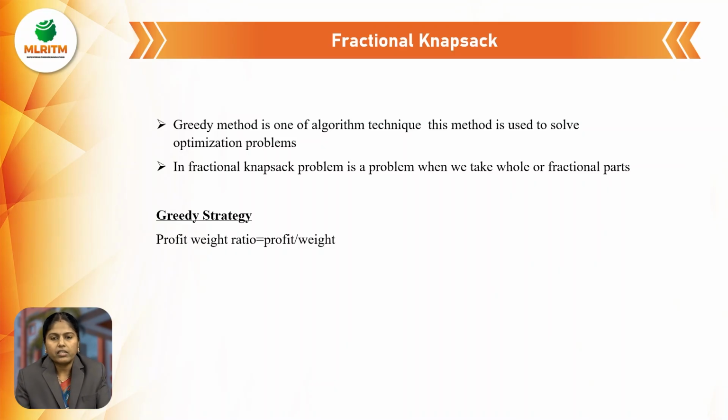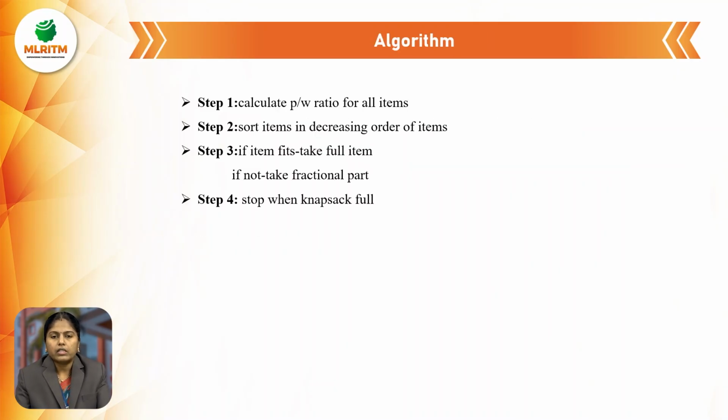In this greedy strategy, we calculate the profit, the weight, and the ratio of the profit and the weight. In the fractional knapsack, there is an algorithm to calculate it. Step one is to calculate the profit by weight ratio for all items.